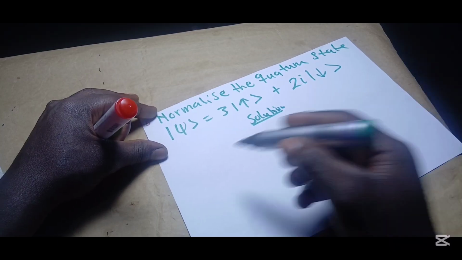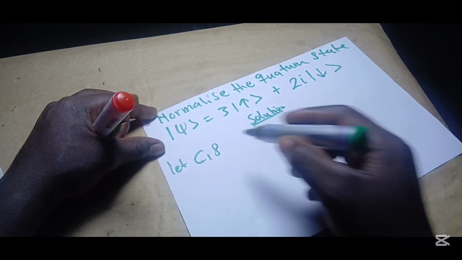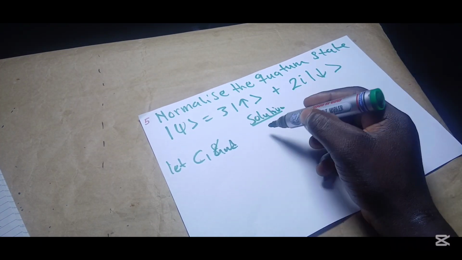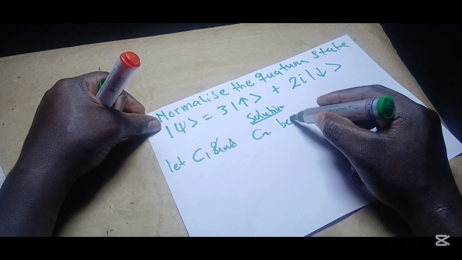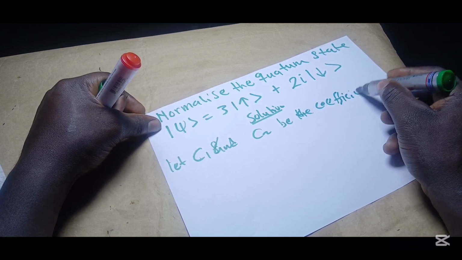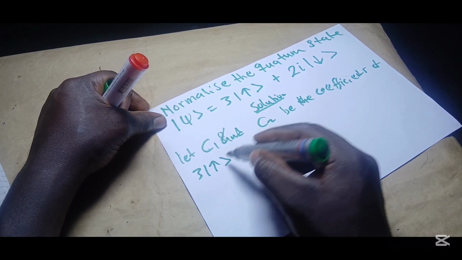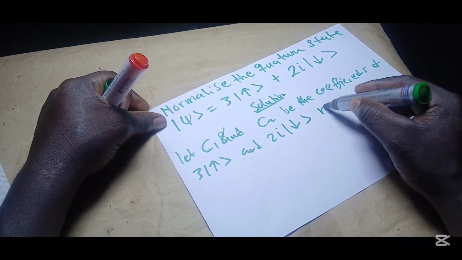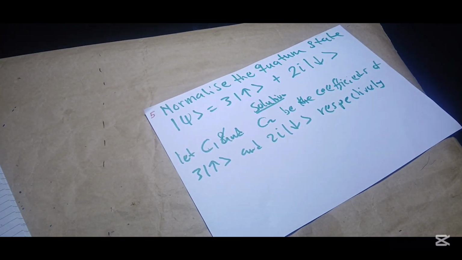So we can let C1 and C2 be the coefficients of 3 spin up and 2i spin down ket respectively, if you are trying to solve it in an official way.